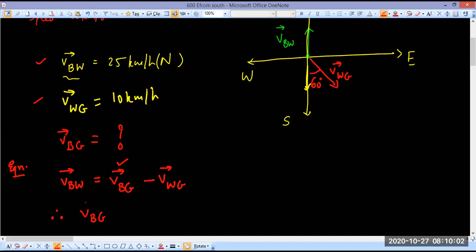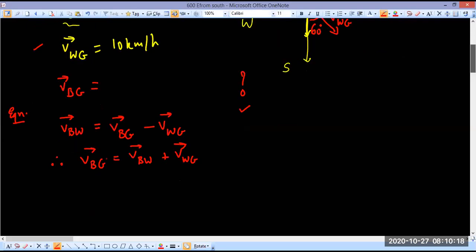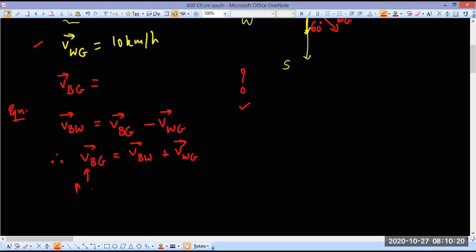So we get VBG vector is equal to VBW vector plus VWG vector. I can say that we will get our answer by adding two vectors.